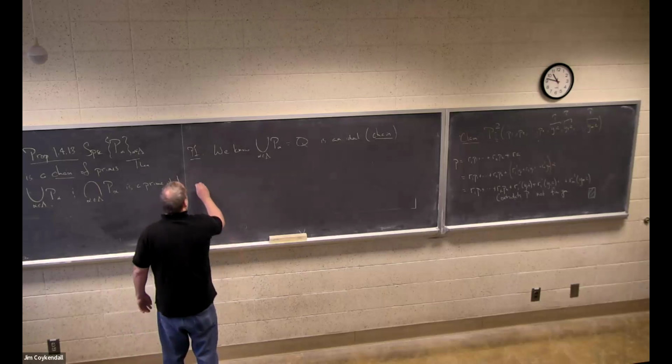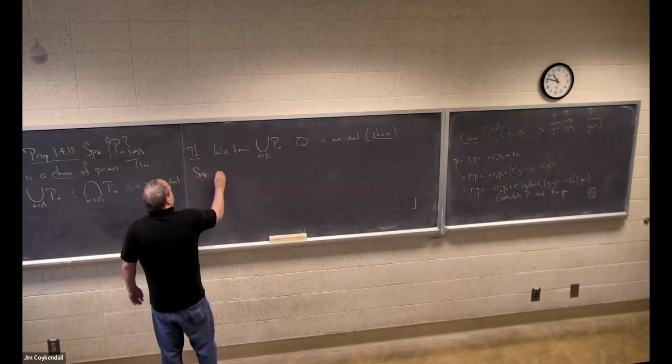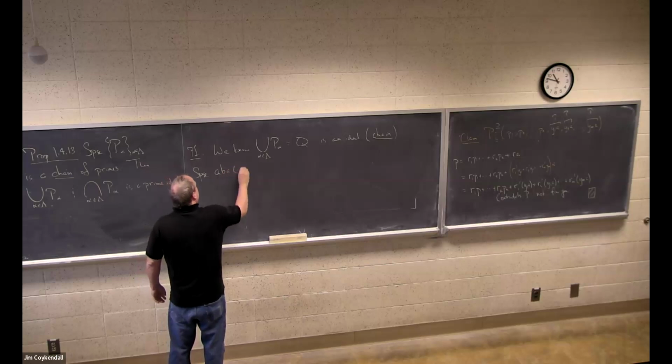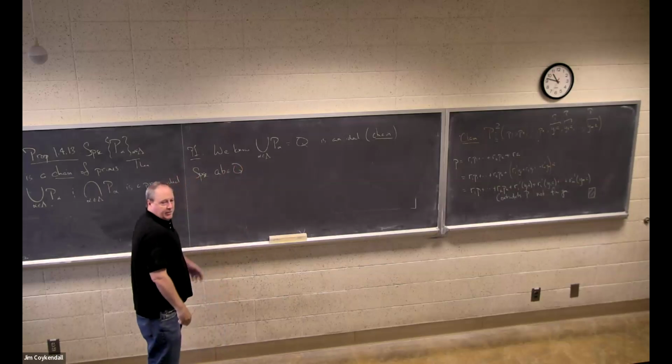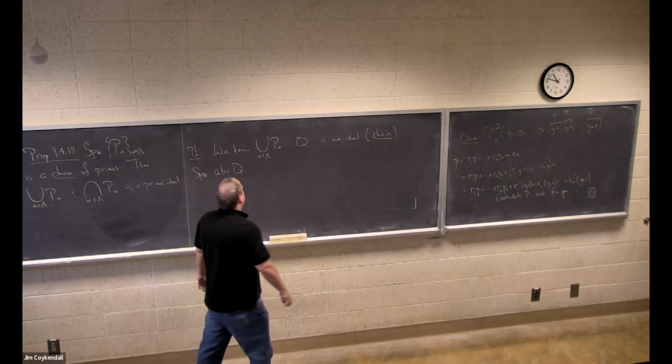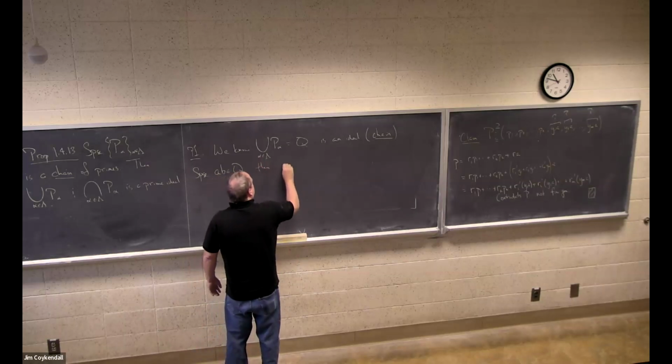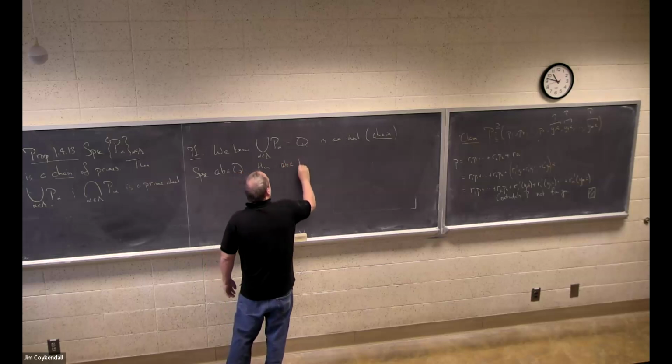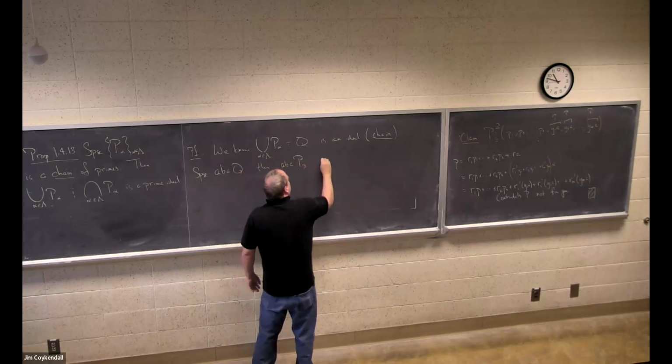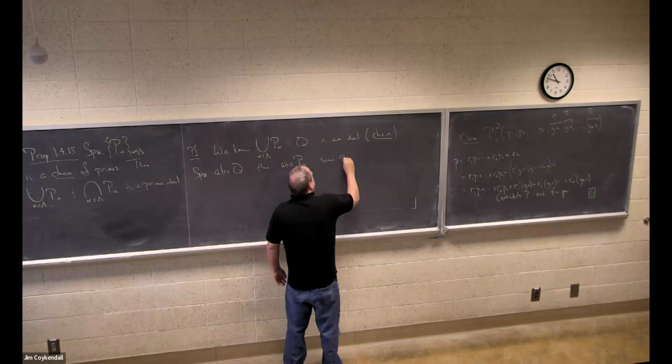Suppose AB is in Q, where A and B are elements of the ring. Then AB is in P beta for some beta in the index set.